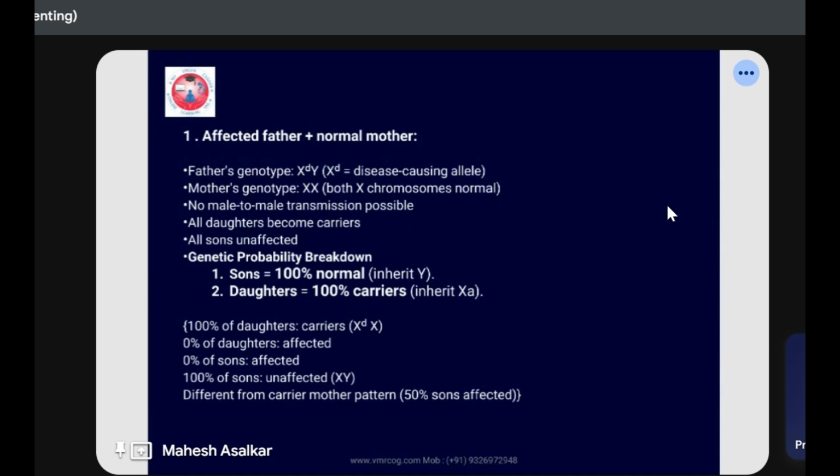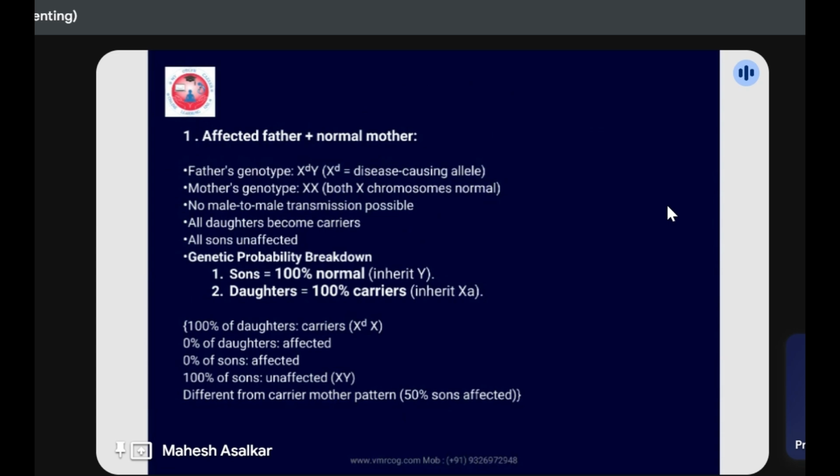And remember this, because when the options are there, you have to remember there will be 100% daughters carriers and 0% daughters affected. So in the options, they can confuse you. One option can be 100% daughters are affected, another 100% daughters will be carriers, affected daughters will be 0%.